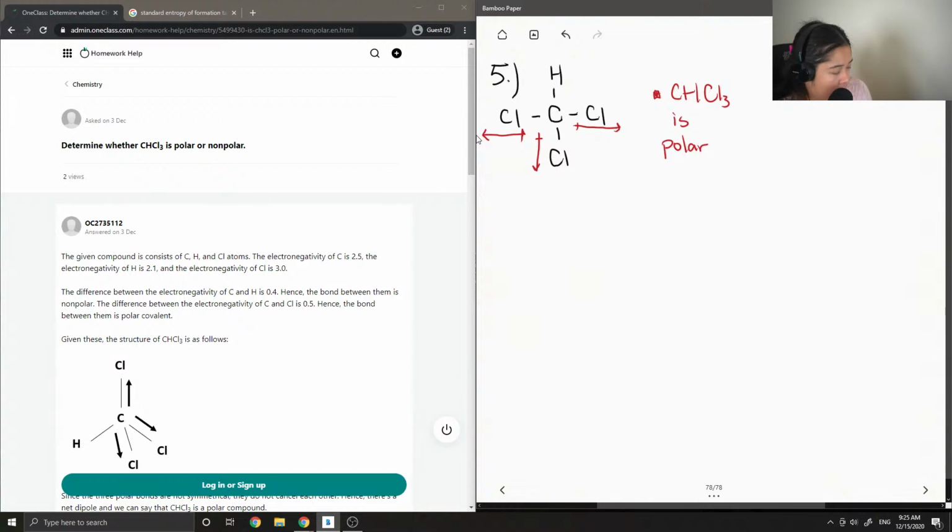And this is because the hydrogen will not cancel out the 3 electronegative chlorine atoms.